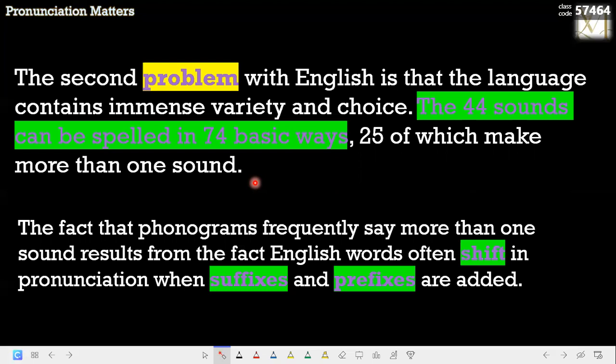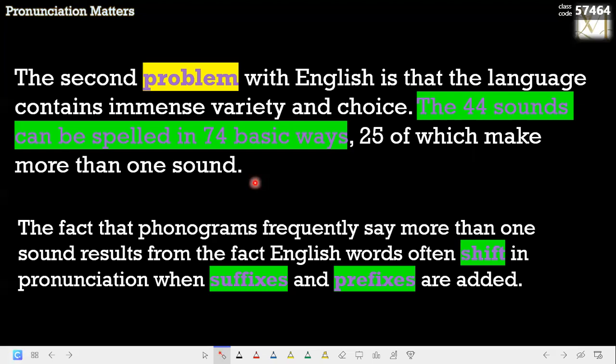We have 25 phonograms that could produce more than one sound, and that might confuse some learners. So we need to clarify the whole thing by giving them the 74 basic phonograms.